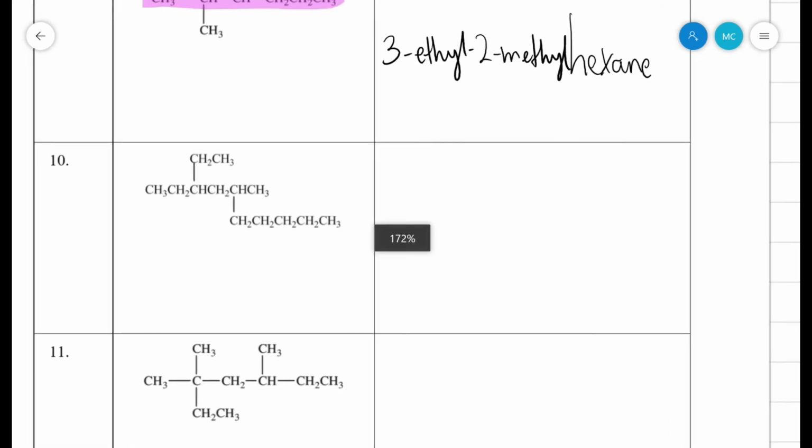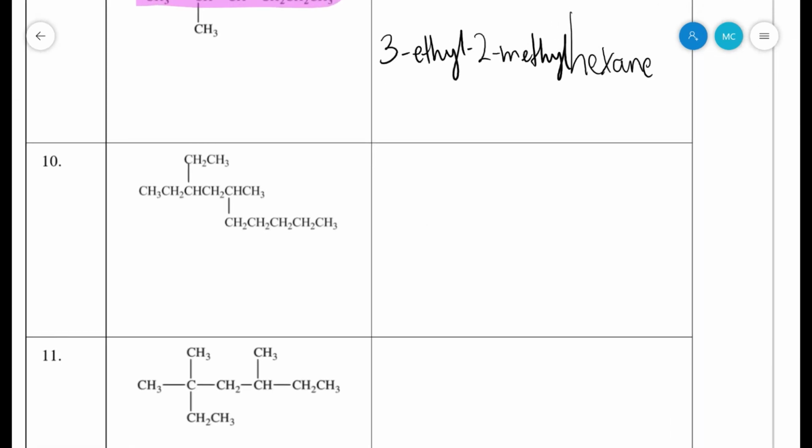Number 10, the longest possible chain is like so. Okay. And then there are 1, 2, 3, 4, 5, 6, 7, 8, 9, 10. So this is a decane.